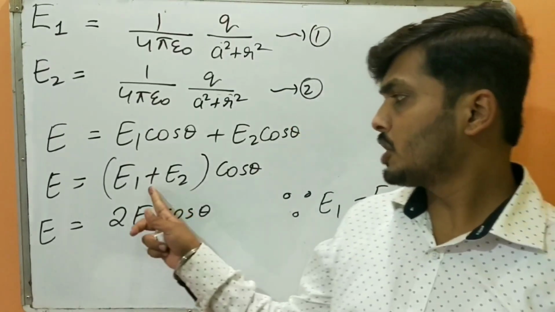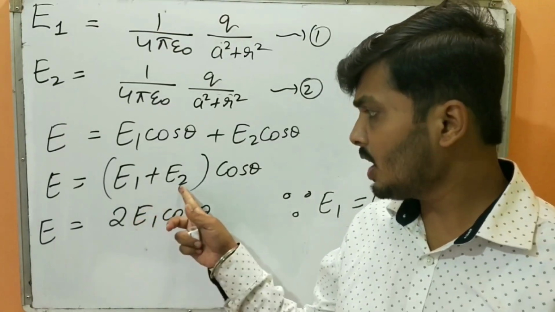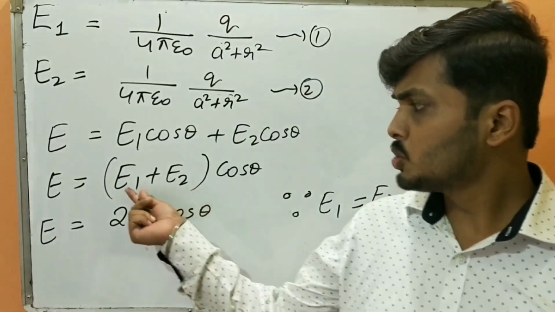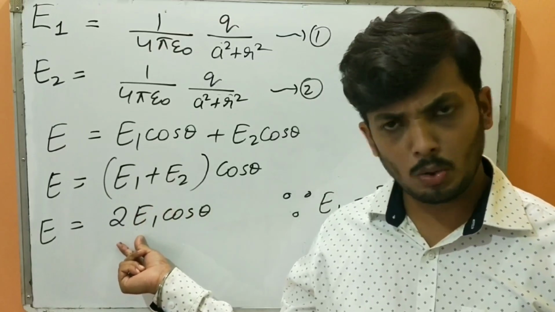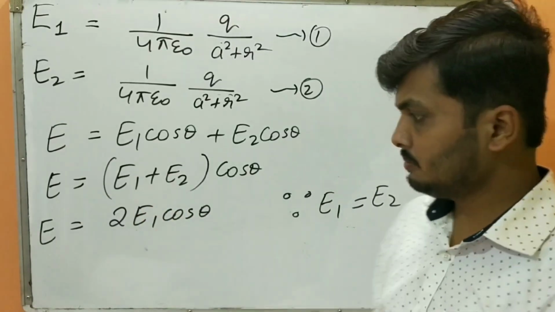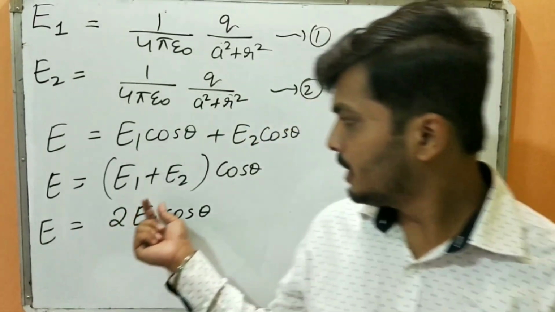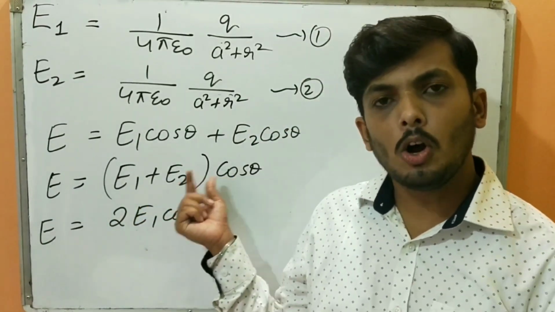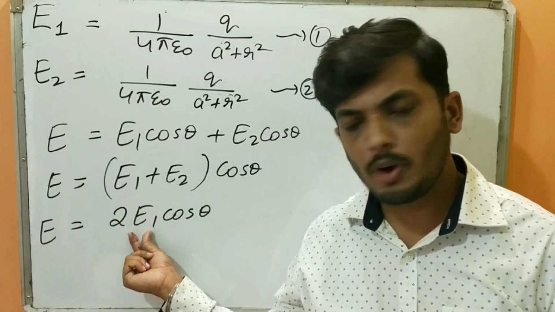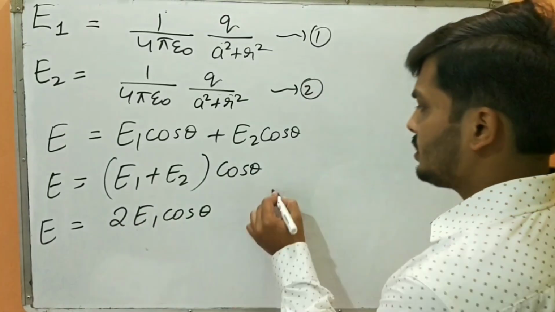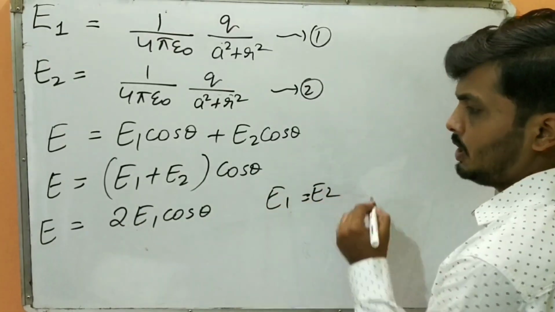Yes. So instead of writing E1, E2 here, shall I write again E1? So E1 plus E1 will get me 2 times E1 cos theta. So whatever electric field is generated here, it is only because of the horizontal component. Have you understood why I have written E1? Because E1 is equal to E2.